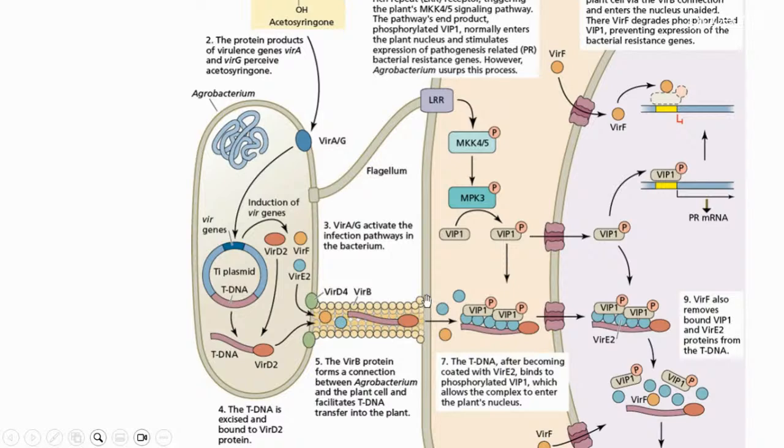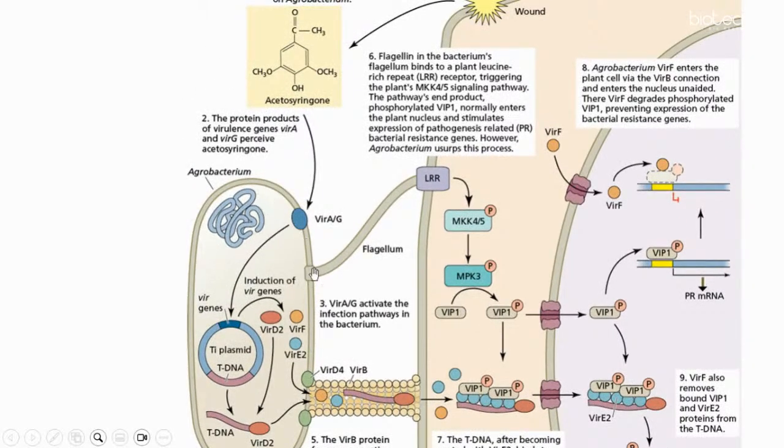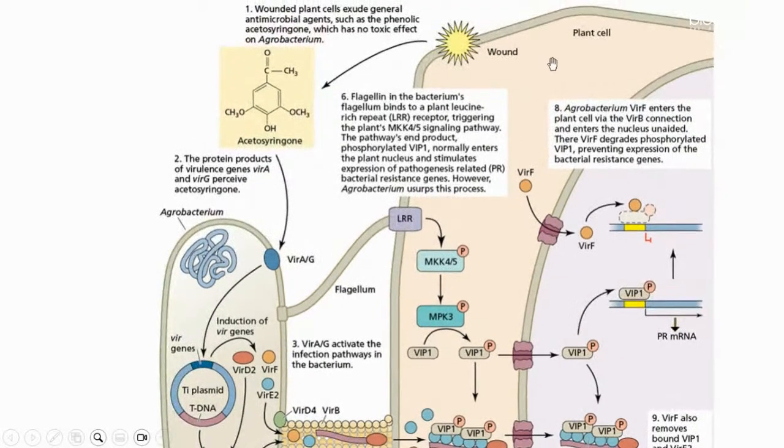Now we have an extra point over here. See, bacteria have flagella, right? That flagella is composed of a protein known as flagellin. This flagellin will go and bind to the leucine-rich repeat receptor present on the plant cell. So this is also one way of bringing the bacteria and the plant cell in close proximity.